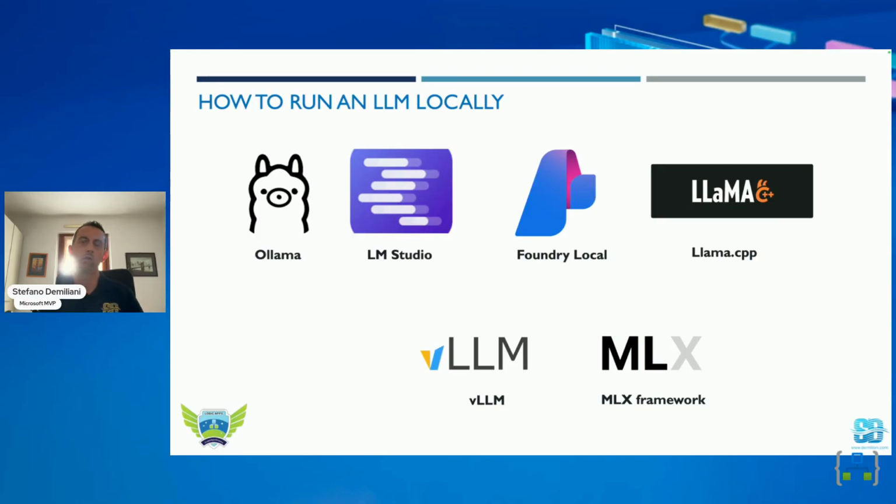Ollama and LLM Studio are probably the most famous tools to run LLMs locally, and also very user-friendly, because you can just install them on every OS you have, so Windows, Linux, macOS. Then you can simply download the model from Ollama or from LLM Studio. This permits you to expose that model as a local service, and then you can use it from your own applications.